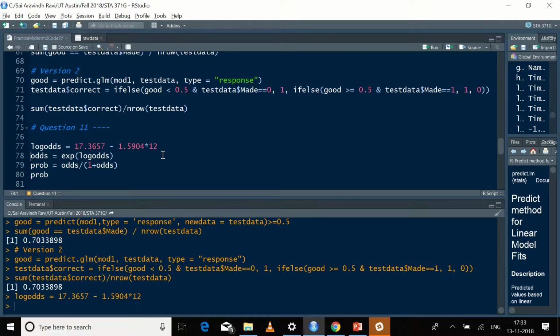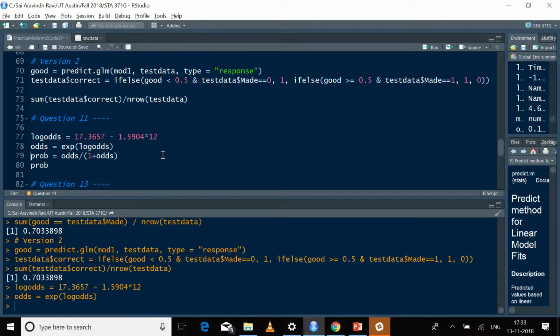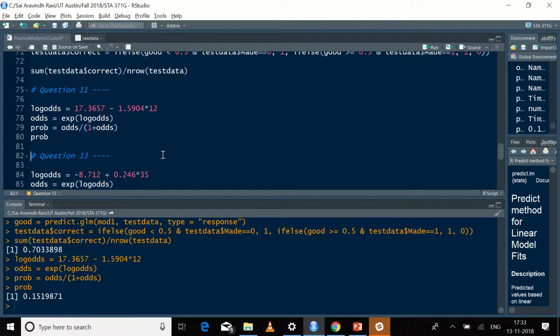And now I'm calculating the exponential of log odds, and the probability would be nothing but odds by 1 plus odds. So that should print the probability value for you. Right. Let's go to the next question.